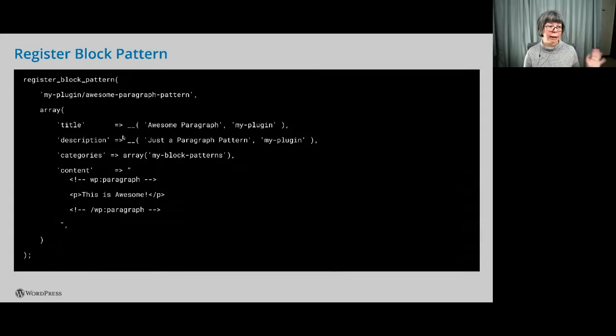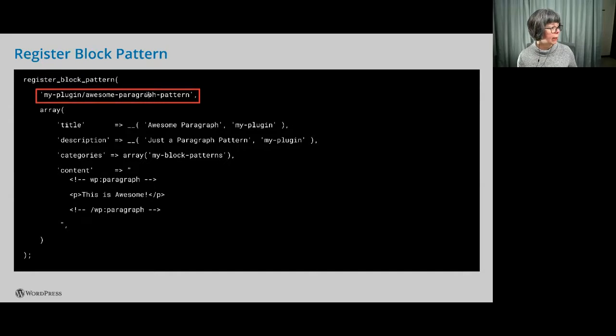So that was the block pattern category, and now we have to actually register the block pattern itself. So here we have the register_block_pattern function, also part of the WordPress API. We're going to call that in, and in this case we have, let's see, still two parameters. The first is the name.